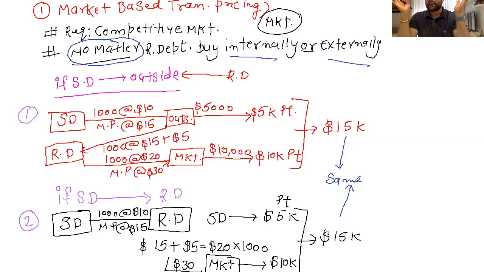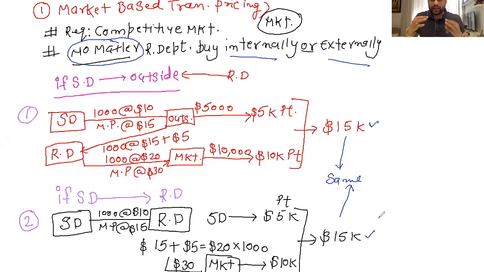So again, it's a completely fair pricing method, and the organization is not forcing one department to supply goods and services to another department. Why? Because as a result, company profitability is unaffected.